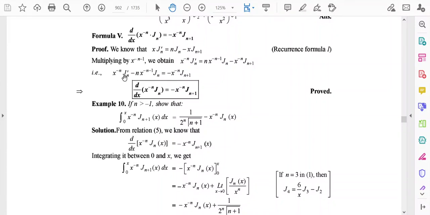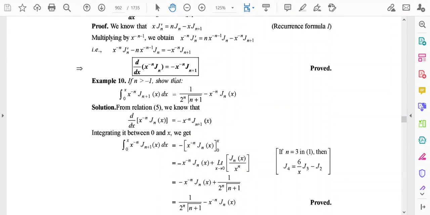Now these two terms together can be written as d/dx of x to the power minus n Jn, because if we differentiate, the first term is x to the power minus n, then Jn prime, then next, minus n into x to the power minus n minus 1, that is the derivative of this term, keeping Jn constant. So these two terms can be written in this way. So this is formula 5.